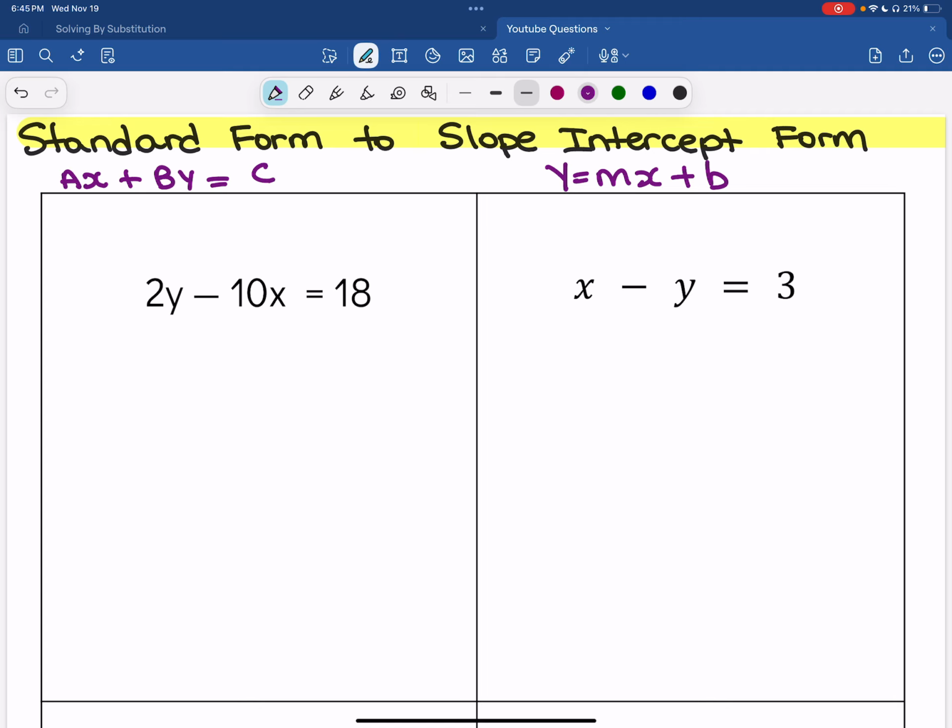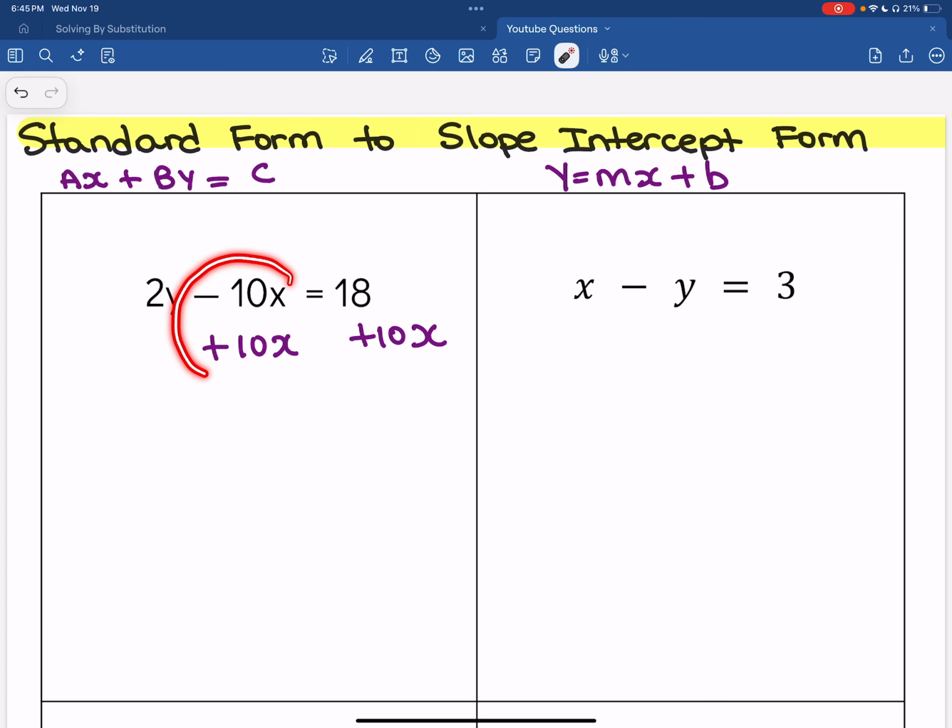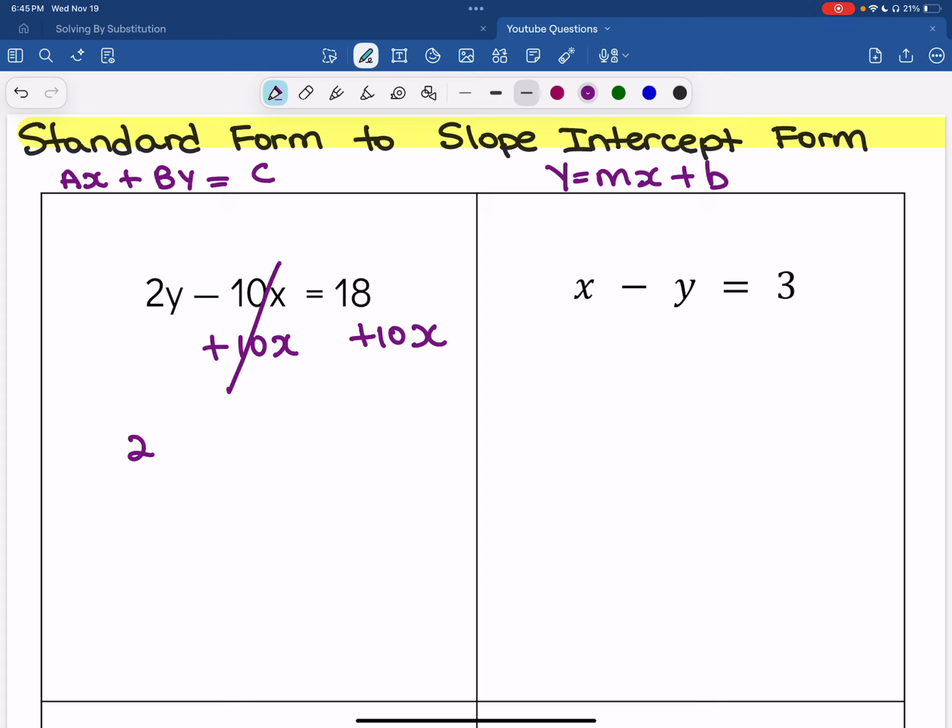So if we add 10x to both sides, negative 10x plus 10x is going to cancel out, and we'll be left with 2y is equal to 18 plus 10x.